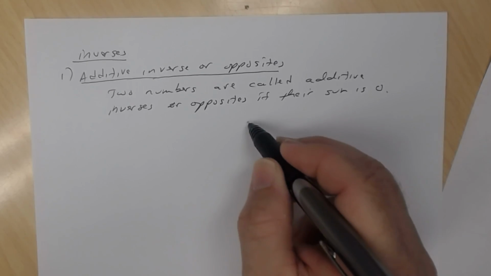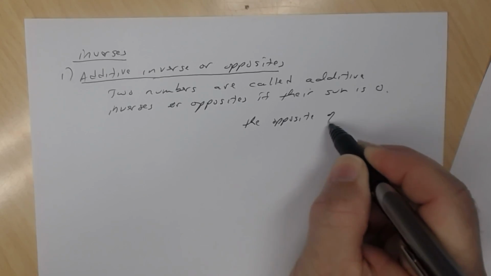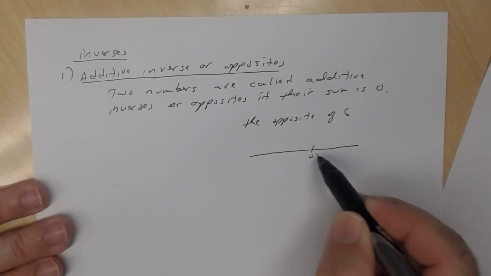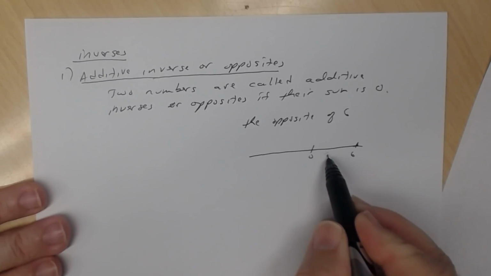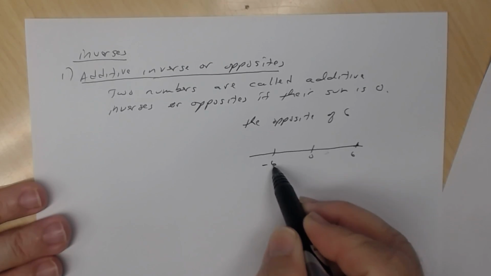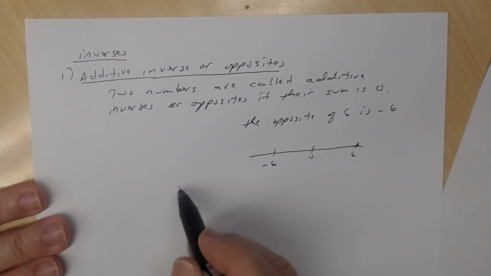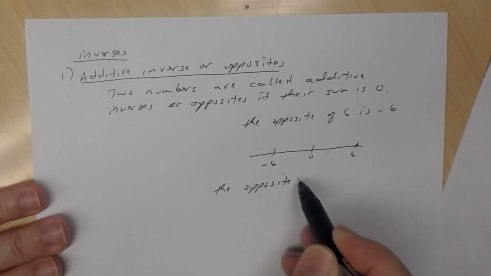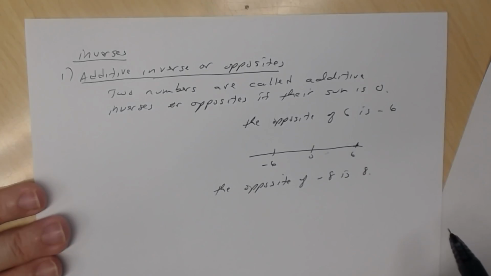So, for example, the opposite of 6, and think of the number line. So this is 0 and this is 6. The opposite of 6 from 0, so if this is 6 units from 0 and you go 6 units to the left, the opposite of 6 is -6. So the opposite of 6 is -6. The opposite of -8 is 8. Okay?